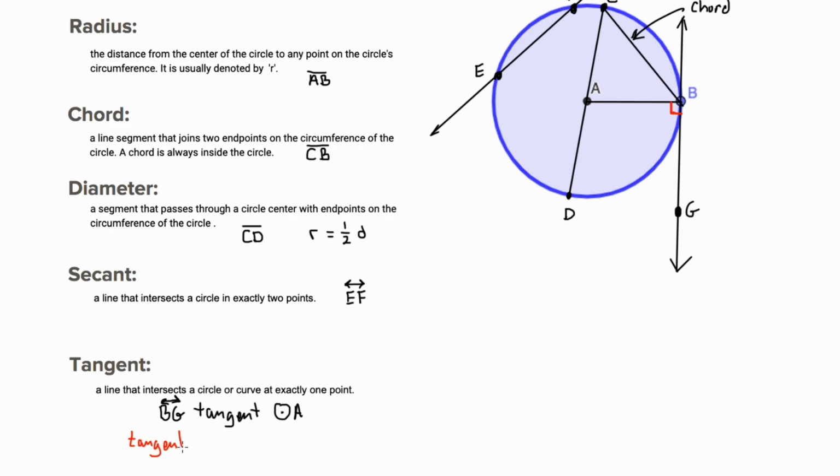Tangents are perpendicular to the radius. Therefore, segment AB is perpendicular to line BG.